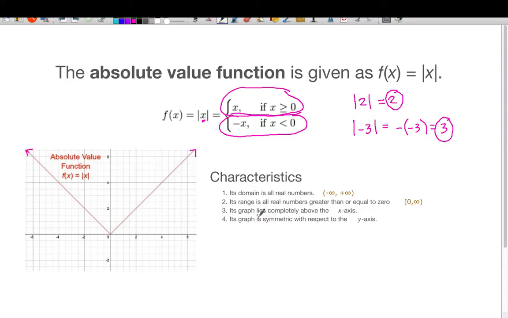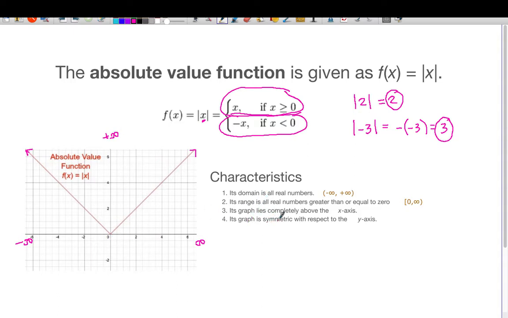And let's note the following characteristics of an absolute value function. Its domain is the set of all real numbers from negative infinity to positive infinity for the x values. Its range is the set of all numbers greater than or equal to 0. So this is the range, going to positive infinity from 0.